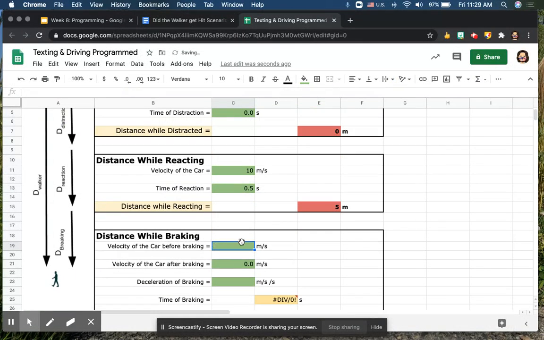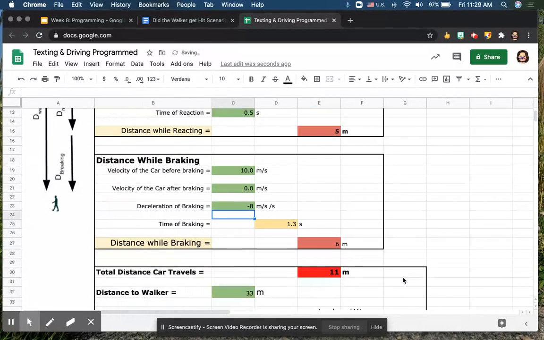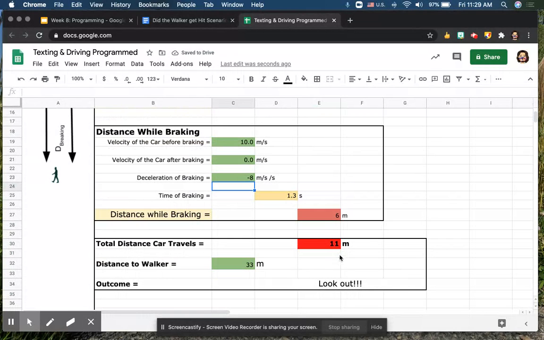Again, my velocity of the car before braking, still 10. My velocity after braking is 0. My deceleration rate is -8. And boom, everything should be calculated. And I am at 11 meters. Because this red number is smaller than this green number, that means my walker did not get hit.